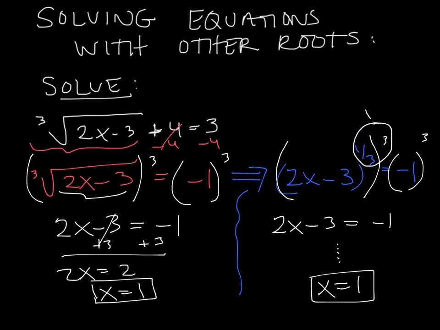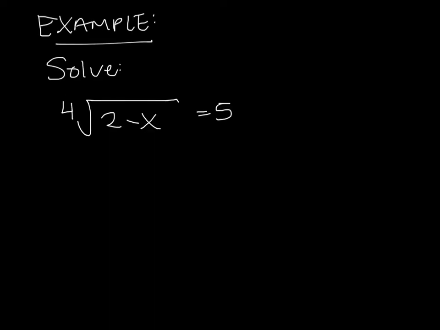Okay, so now I took a 4th root. Let's remember that what's under the radical has to stay positive, just for the sake of practicing domain. Let me show you what happens if I add over the x.